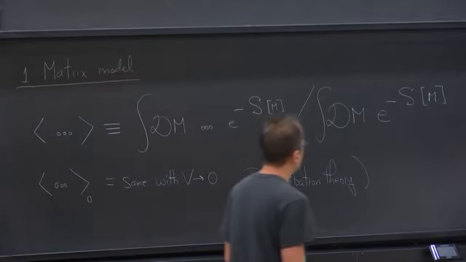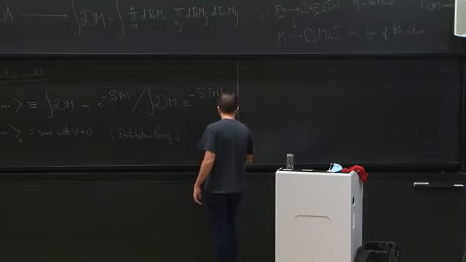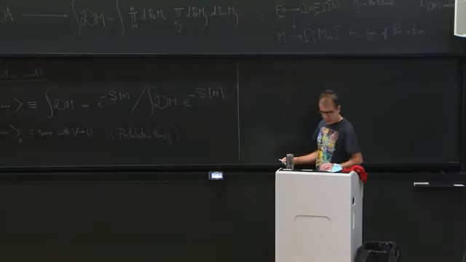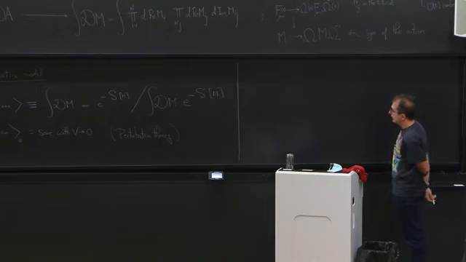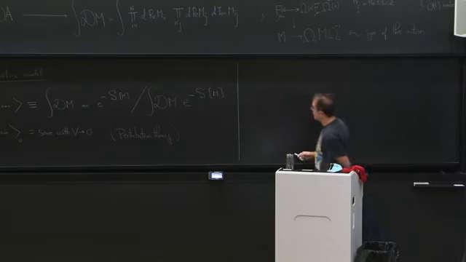Right? The usual thing. We expand around the Gaussian point. Okay, so now let's study this model, and we want to understand the claim why this model is supposed to have anything to do with string theory. Why is this a string theory? So let's start studying these simple expectation values.